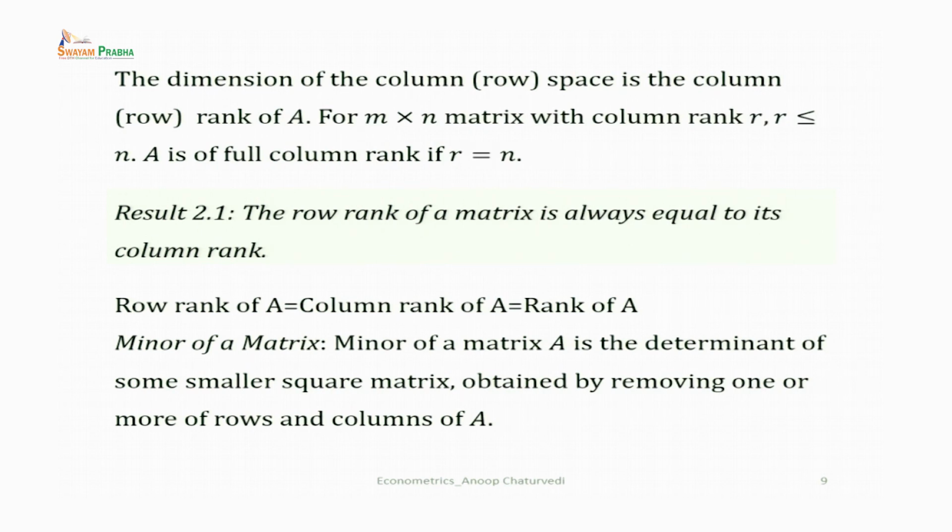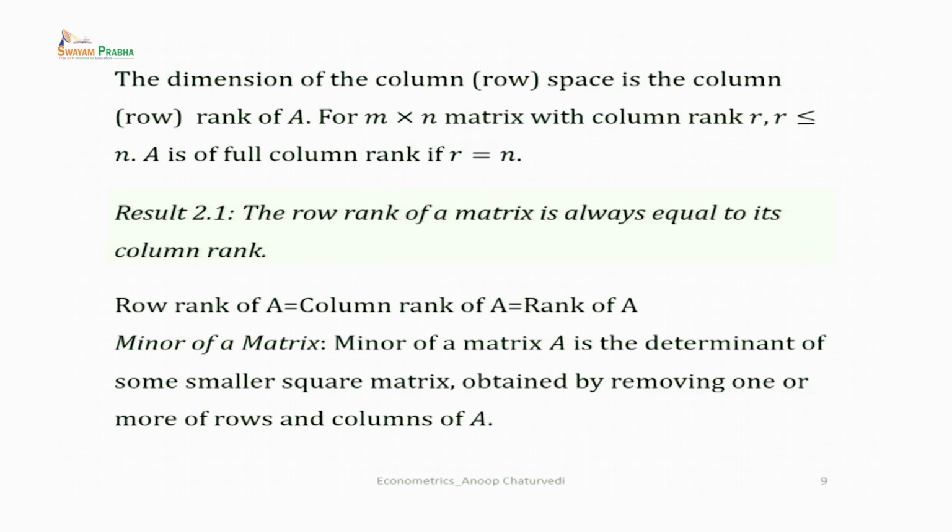In fact, the row rank of a matrix is always equal to its column rank. This is called the rank of matrix A. Again, I am not going to give you the proof of this result.